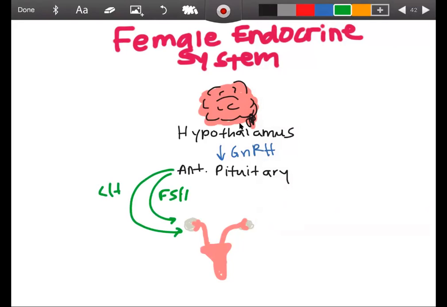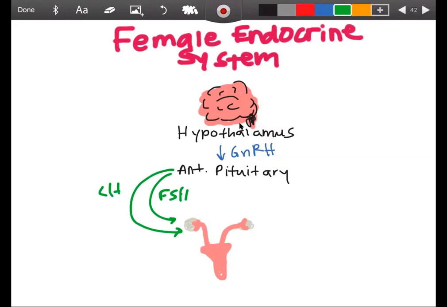And here, in the beginning of a woman's menstrual cycle, this very beginning is called the follicular phase. So a female is going to produce only one egg per month, whereas males are going to produce thousands or even millions of sperm per day.